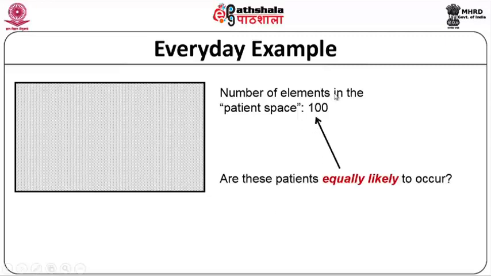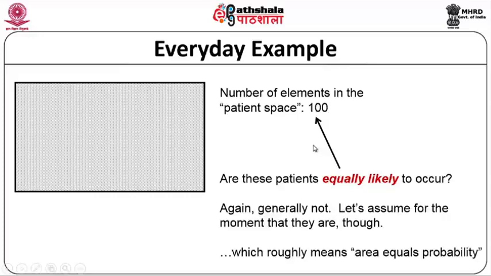Now, we are trying to verify whether these patients are equally likely to occur. Practically speaking, it is not so. So, what we need to do is assume that these patients are equally likely to occur. In other words, they all have equal chances or equal probability.